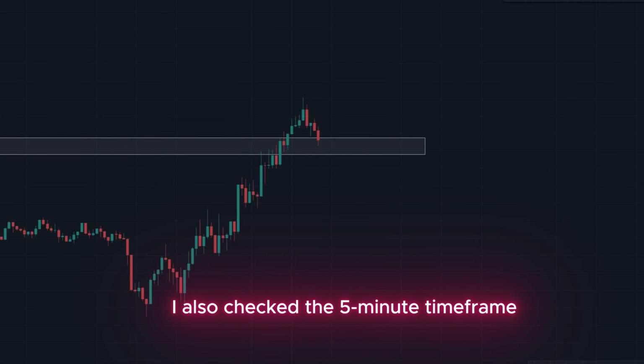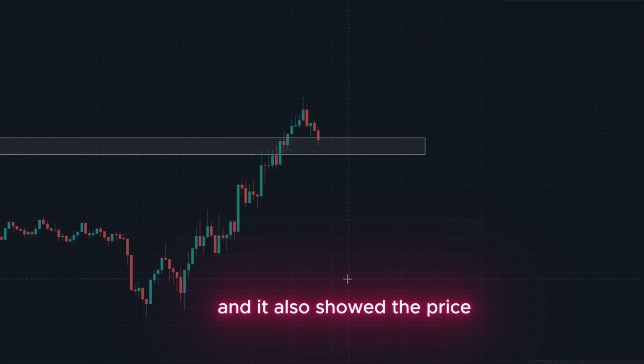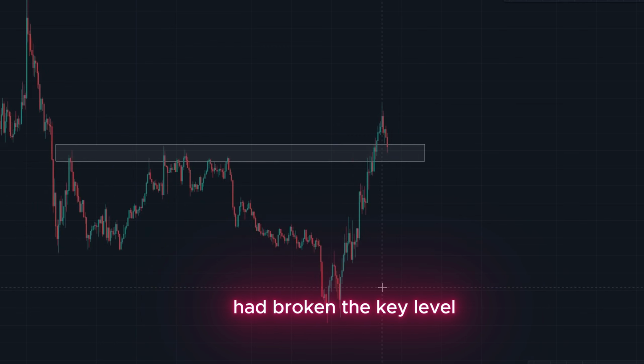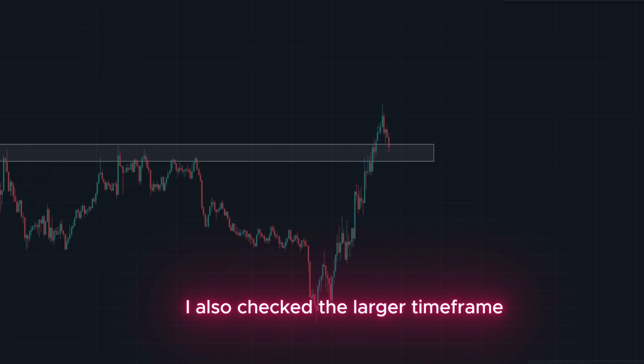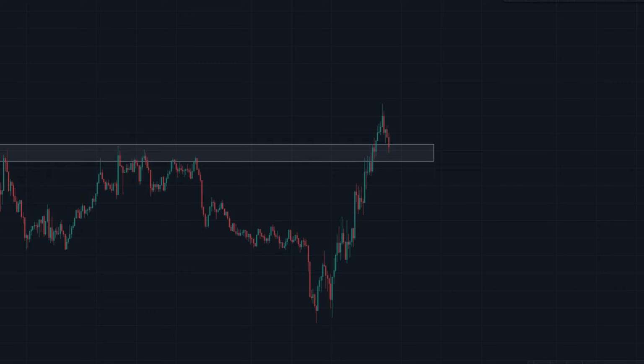I also checked the 5-minute time frame, and it also showed the price had broken the key level. So the question is, do we trust the 30-minute and 1 hour time frames, or the 15-minute and 5-minute time frames? To enter a trade early, I also check the larger time frame, which is the 4 hour chart.